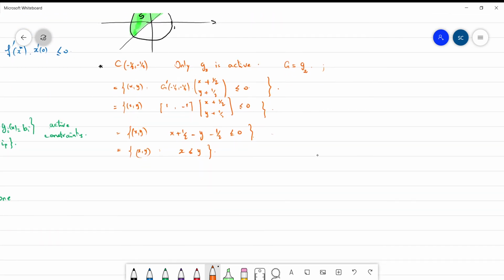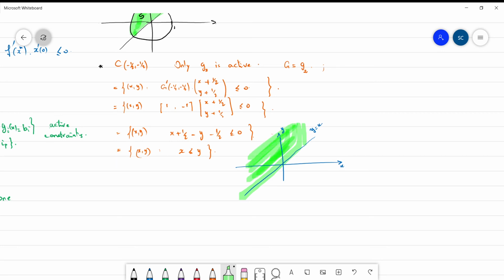So we can graph our set here. Let's visualize it. Here is my line, y equals x, and the cone is formed by the points above this line, including the line.